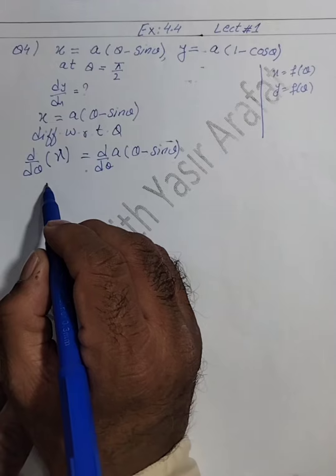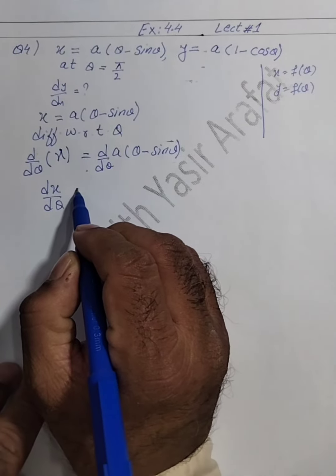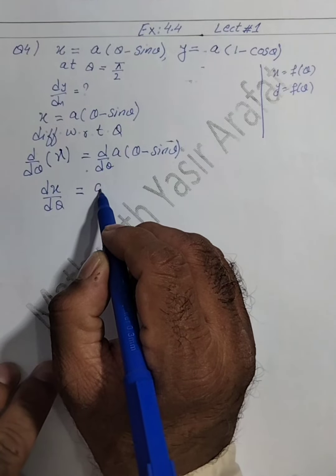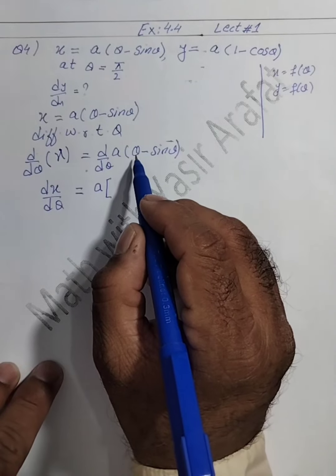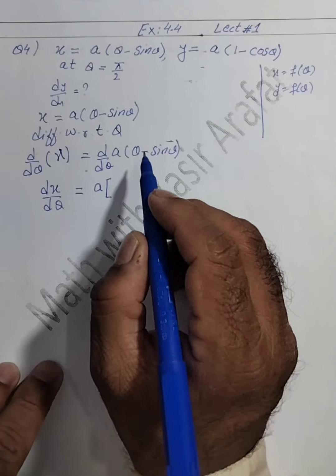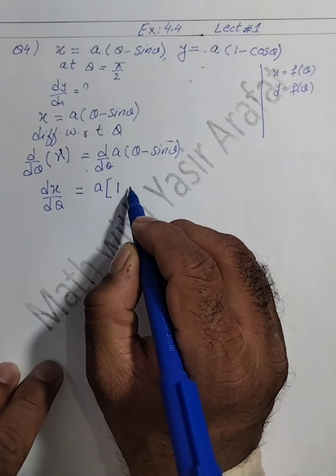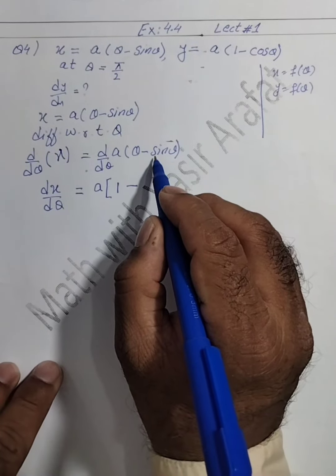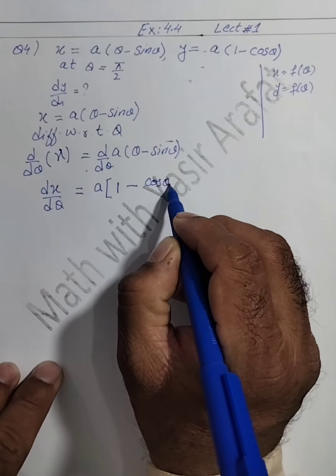So the derivative of x will be dx over d theta. And here we have to separate a because it is a constant coefficient. Now the derivative of theta is 1, minus the derivative of sine theta, which is cos theta.